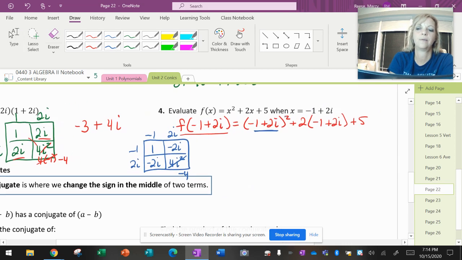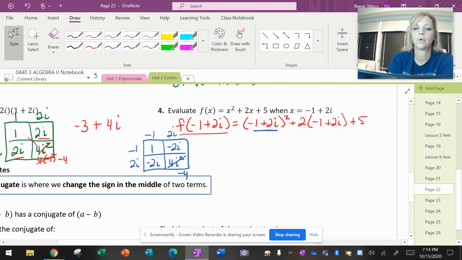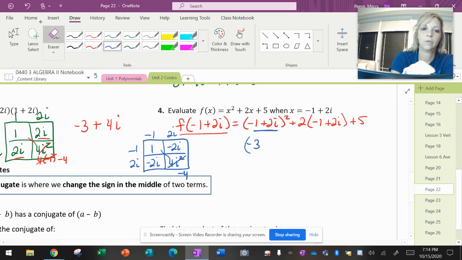Just so happens they're the same. Okay, so then I'm going to combine. So I got 1 minus 4 is negative 3. And actually, I don't need parentheses anymore. So I got negative 3 minus 4i.